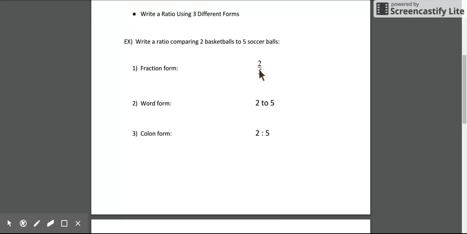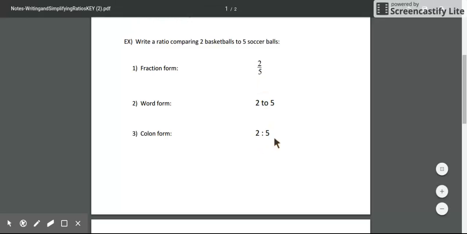We could take that fraction bar and instead write the word "to" and do the exact same comparison. It's a 2-to-5, and we can say it just in word form. Or we can change that word "to" to a colon, and then we've got the colon form. So all of these are equal ratios, just 3 different ways to describe it.